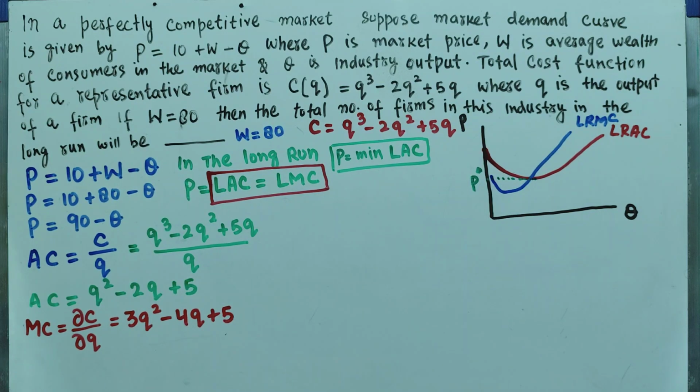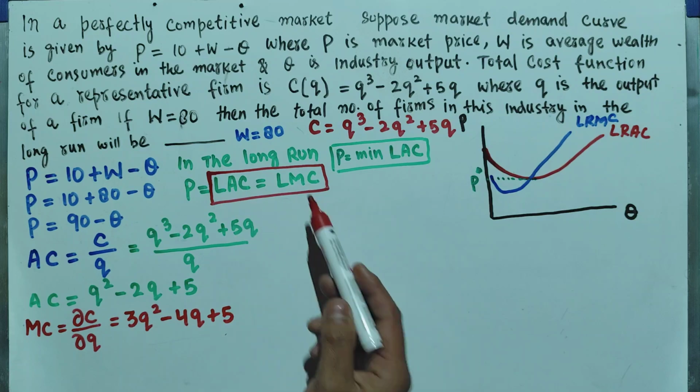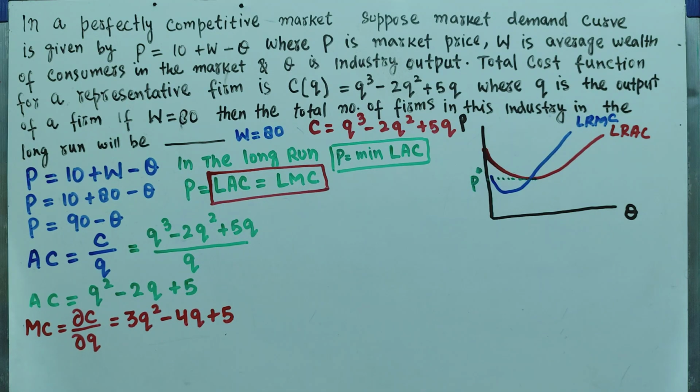Then, using this condition, we equate the average cost with marginal cost, or marginal cost with average cost, same thing.